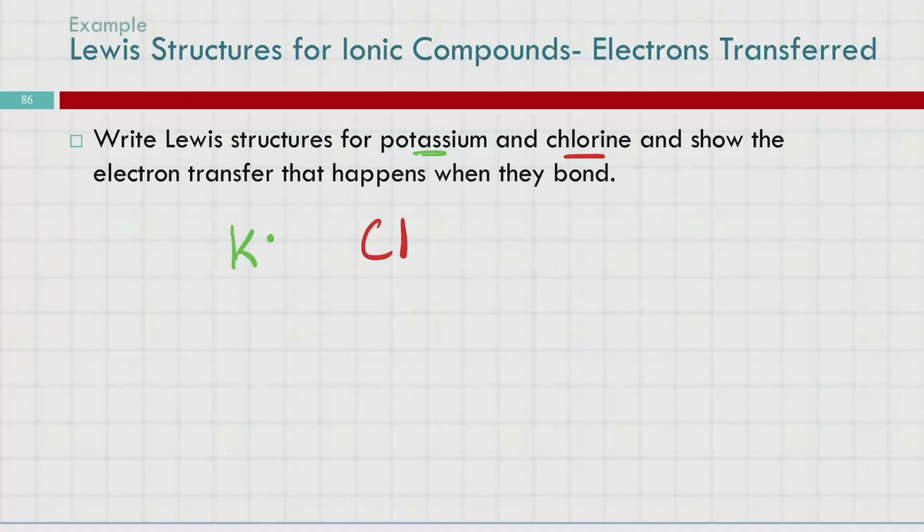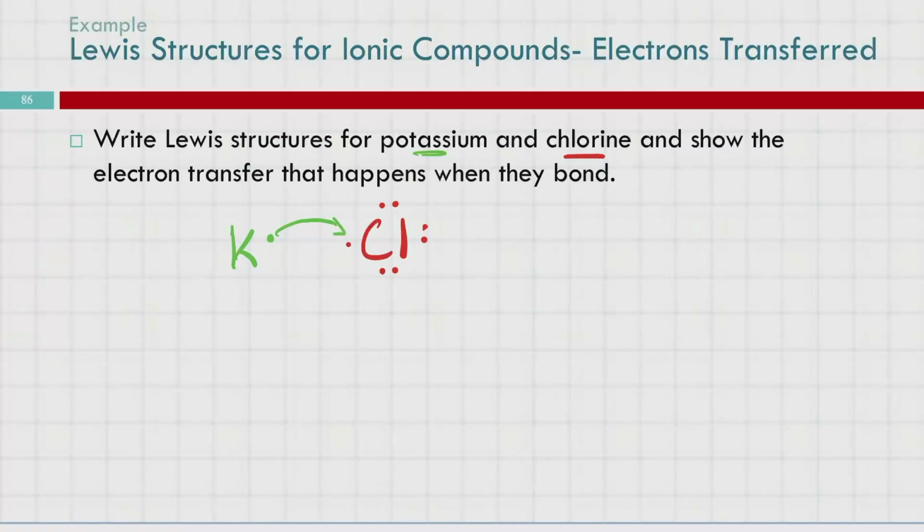Cl we find on the complete opposite side of the periodic table. It's right next to our noble gases. It's 1 spot to the left of our noble gases in group 17 or 7A. It's a halogen. That means that it has 7 valence electrons. And when they bond, the metal gives the electron to the nonmetal.